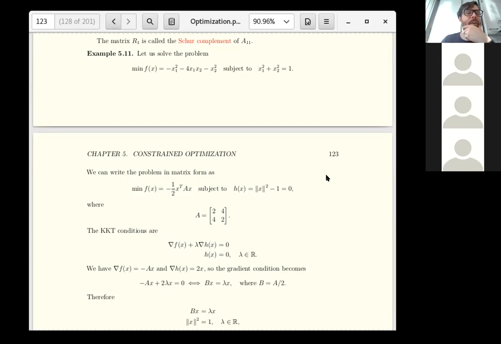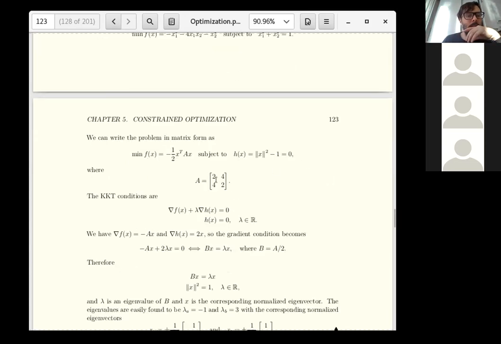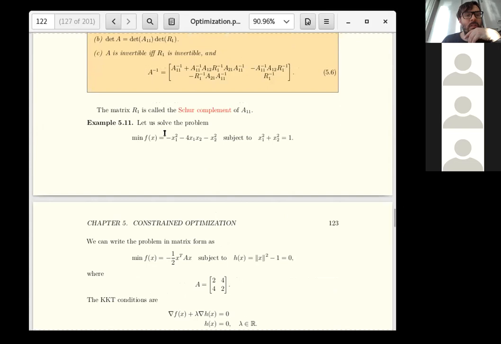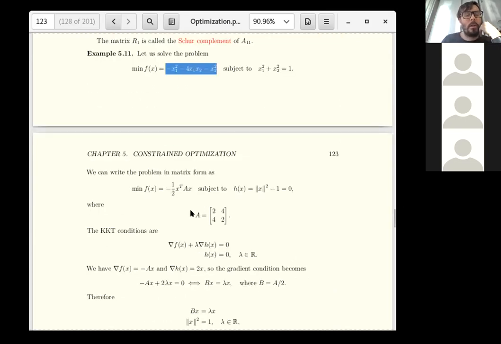We can write this in matrix format. This is a quadratic function, so we can write this in a quadratic form. It's going to be minus 1/2 times x transpose A x, where A is the matrix 2, 4, 4, 2. You can double check. And also this h of x, well, this is the norm of the vector x.